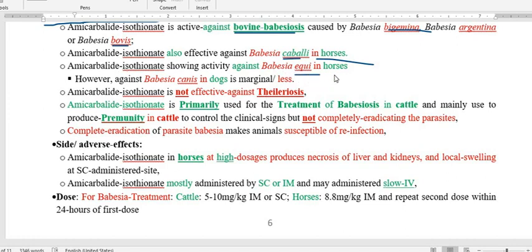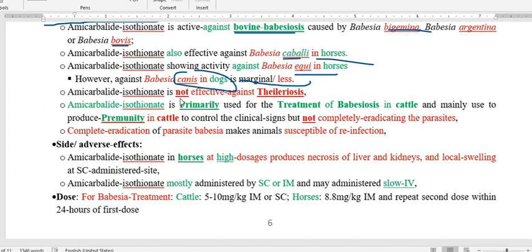Amicarbalide isethionate is also showing efficacy against Babesia caballi in horses and showing activity against Babesia equi in horses. But amicarbalide isethionate is showing less activity against Babesia canis in dog.